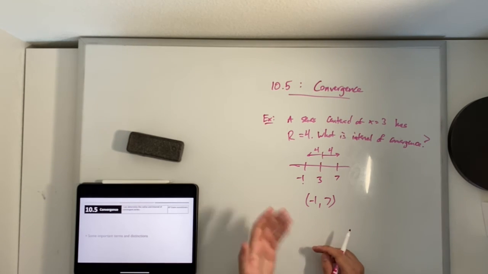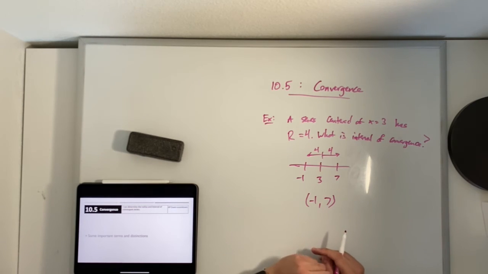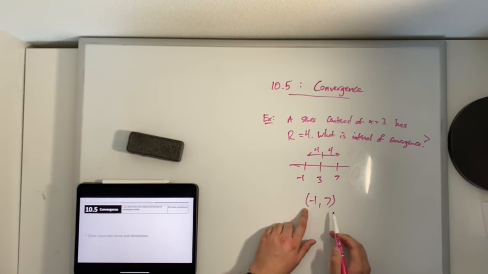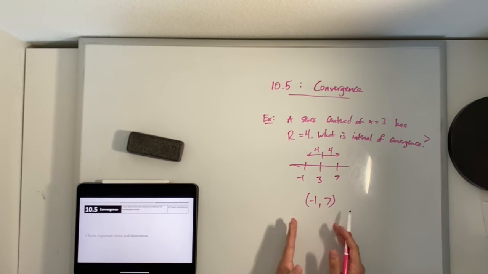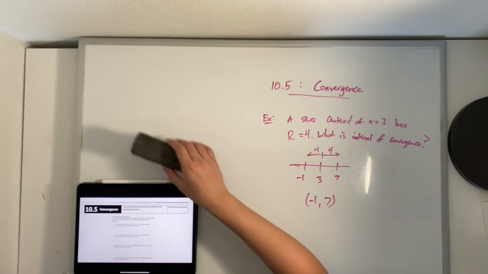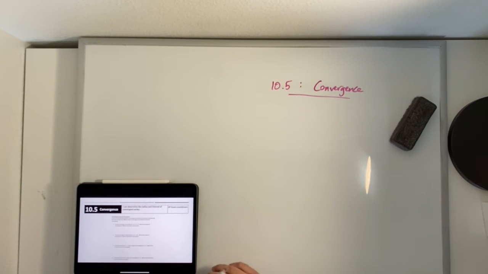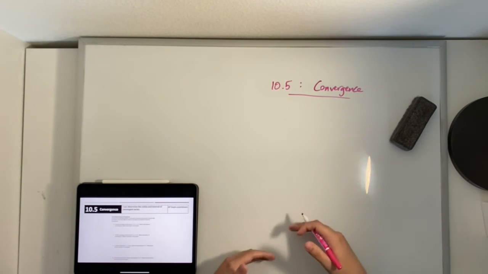I'm still more than happy to discuss it with you if you want to reach out and find out more, or feel free to explore on your own. But for now, just know we would have to test for the endpoints separately. So again, work through this first page of your mastery sheet. Problems just like what we just did.